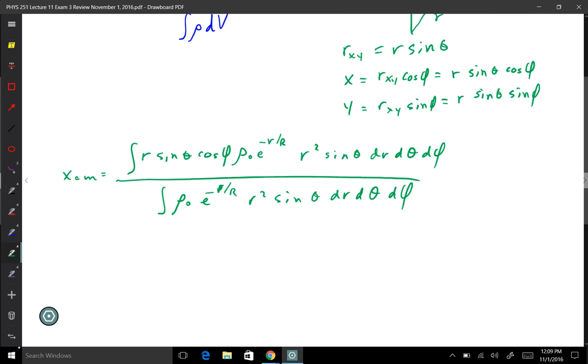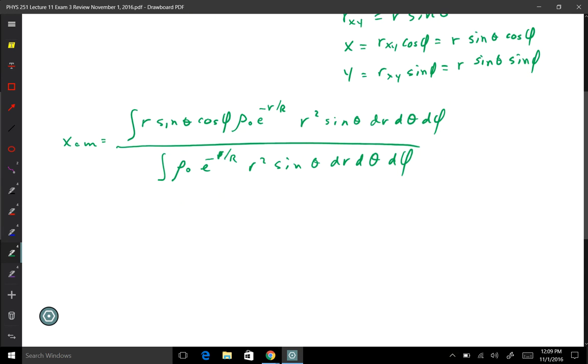But if I look at this, I'm going to have on the top r cubed. So let's just look at the top. Integral of r cubed e to the minus r over capital R dr, going from limits of 0 to capital R. Then integral from 0 to 2 pi of cosine phi d phi.